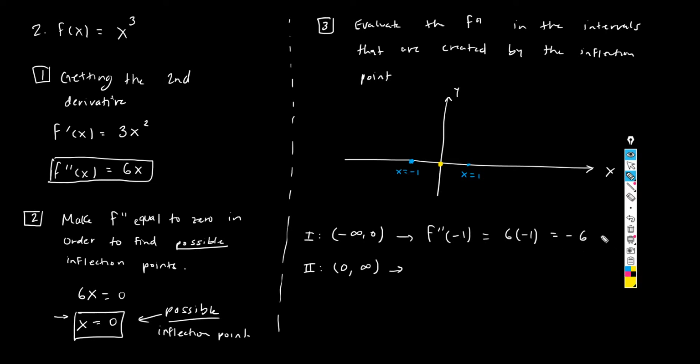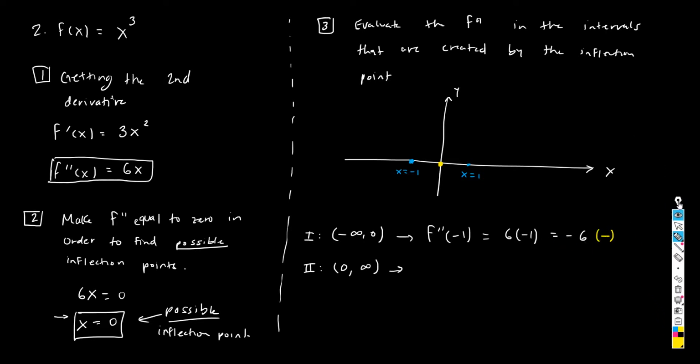And so the sign of the evaluation is negative, and that tells me that over this interval, my function is concave downwards. And we do the same with the other interval.